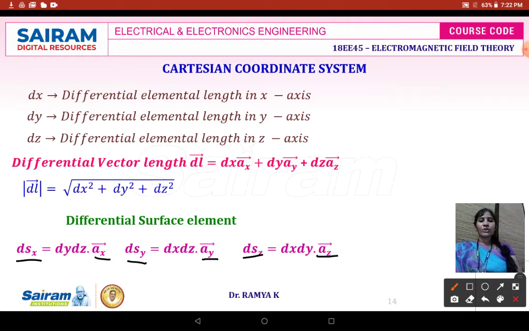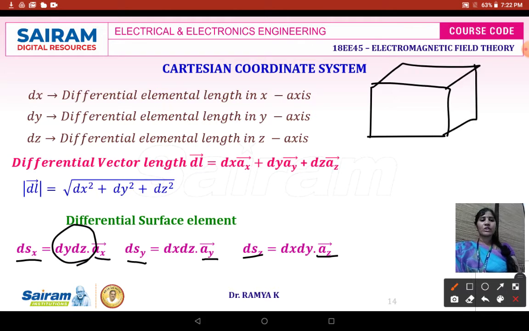If you are going to identify the differential surface area along the x-axis, then your dy and dz is going to be your surface area. So in this cubical face, it is your del x, that is dx, and this is going to be your del y and this is going to be your del z. Suppose I wanted to identify the surface area of my front face.